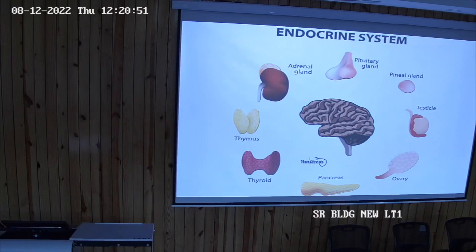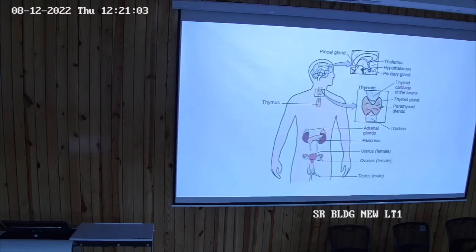After the pancreas, I come to the suprarenal gland. The suprarenal gland consists of two parts, the cortex part and the medullary part.